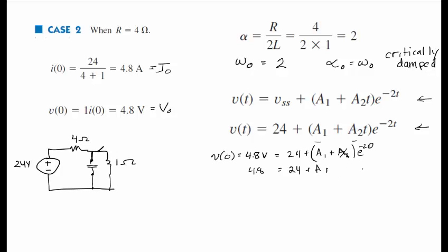We get the value of A1 pretty easily, minus 19.2, and it's actually volts, because we have a solution here that's in volts.